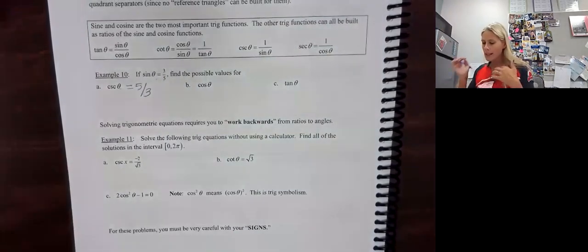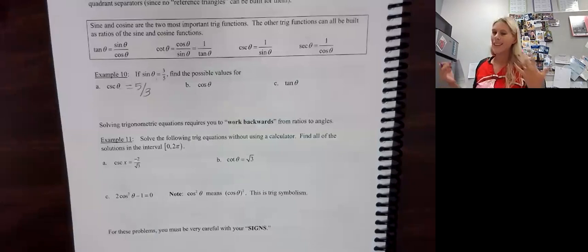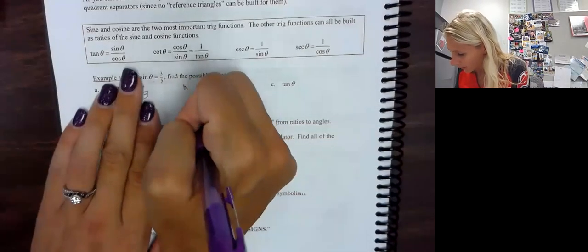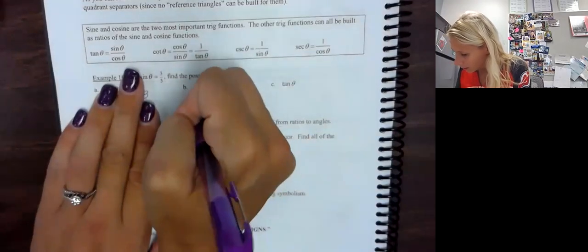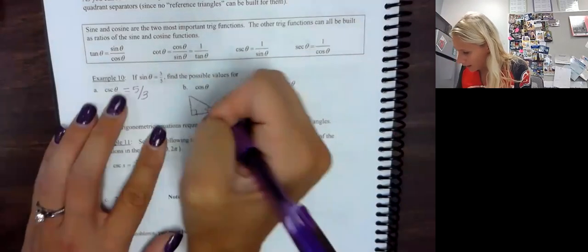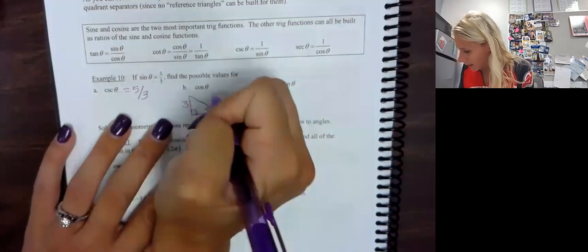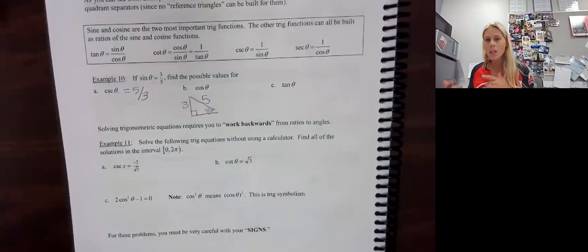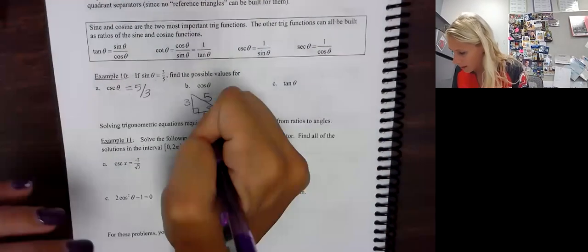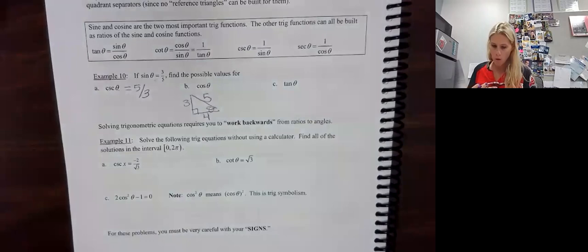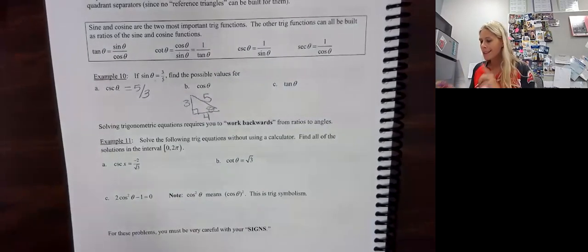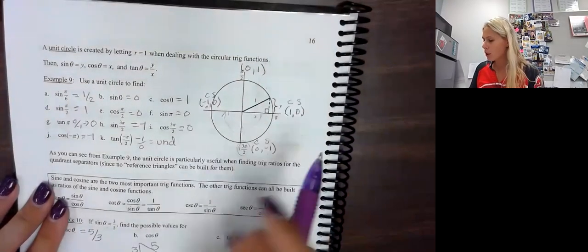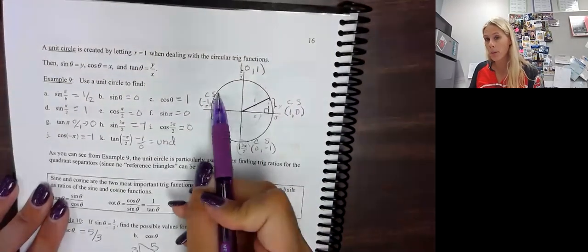Now, what connection does sine and cosine have? They really don't. So what we have to do is draw our right triangle. So if this was theta here, that means the opposite is 3, hypotenuse is 5. We can use the Pythagorean theorem to find the other side, which would be 4. Now, sine is positive, but as you can see from our unit circle, we have 2 spots that are positive.